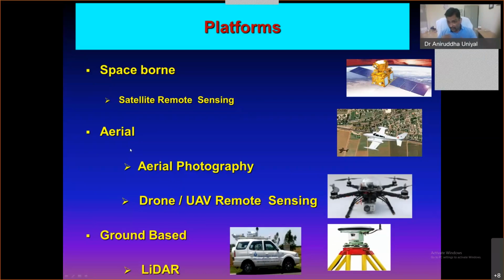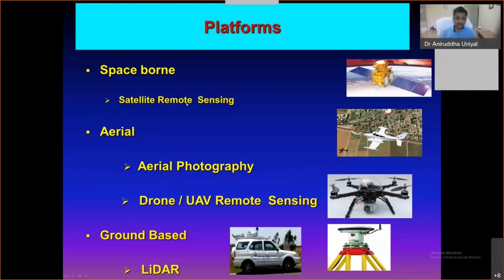After the Second World War, these aerial photographs, which were taken from aircraft, were used for flood management, forest management, and land use mapping. And in the beginning of the 70s, satellite remote sensing also came into being with the launch of the Landsat series by the USA. With the introduction of satellite remote sensing, Earth's imaging was possible through a number of satellites.